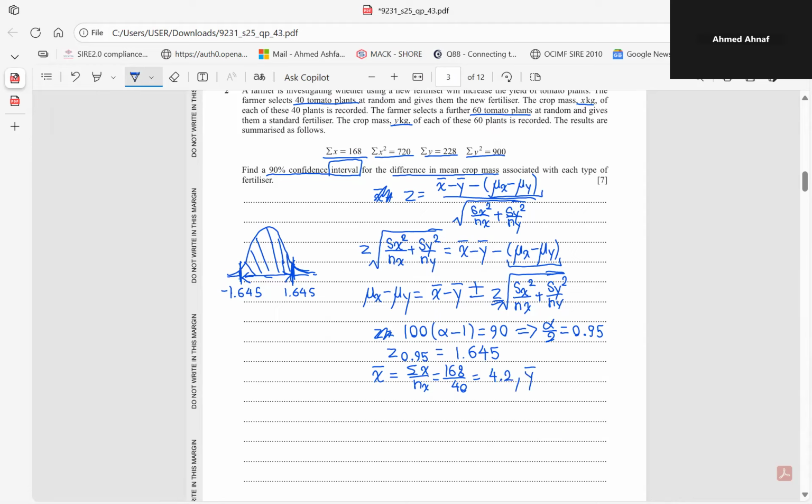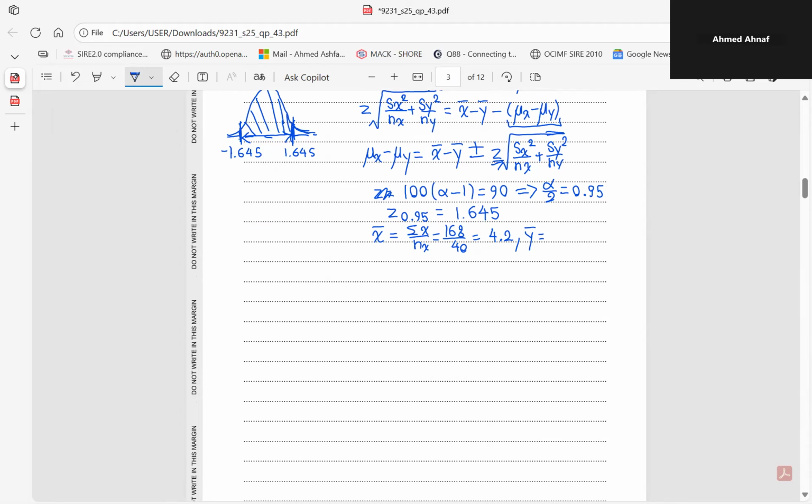And Y bar would have sigma Y divided by 60, which is 60. You'll get 19 over 5, which is 3.8. Okay, all right, now let's find our standard error, the exact value.